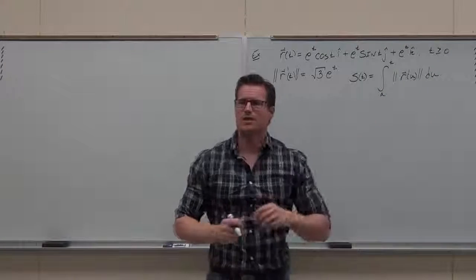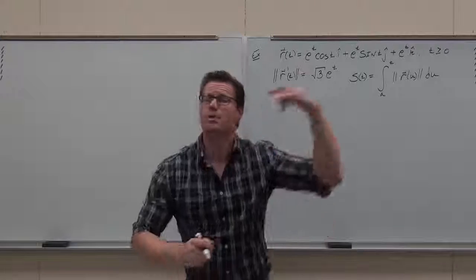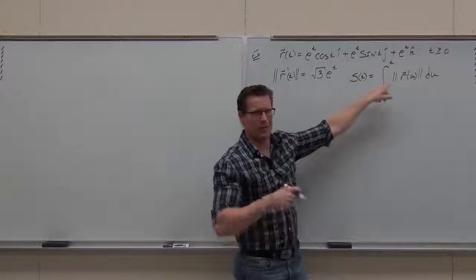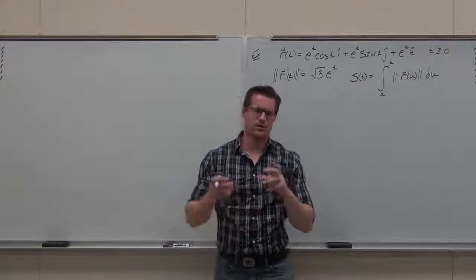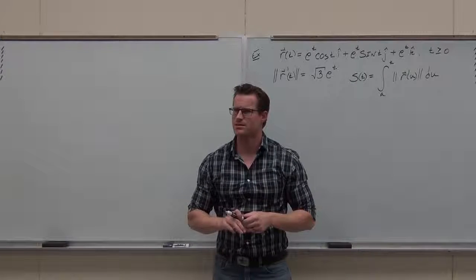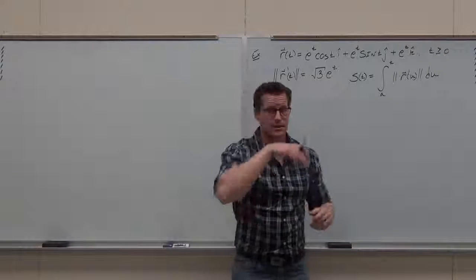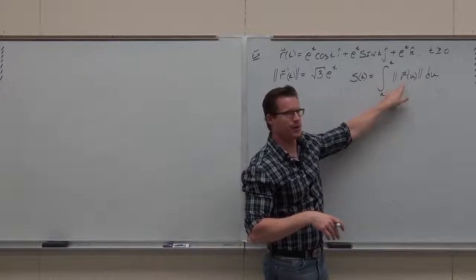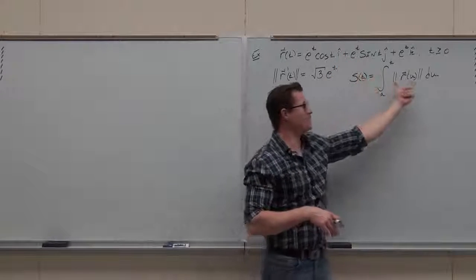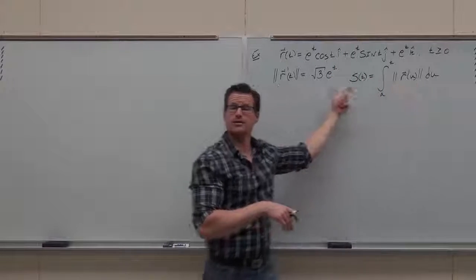Then when we plug in our t's later, when we evaluate this, we'll get our function in terms of t. Does that make sense? Do we already have the derivative of our vector function and the magnitude of it? Yeah, that's this thing right here.